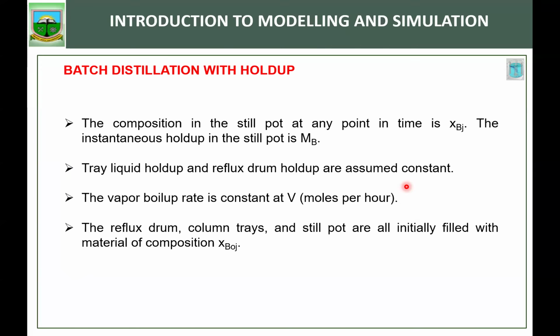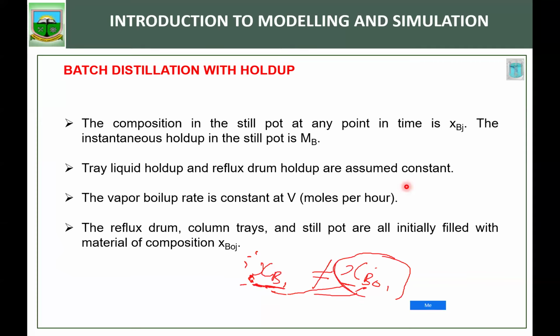So we also have what we call XB1. XB1 is not the same as XBO1. XBO1 is the initial value, but at a certain point in time, this value will start reducing inside the pot. So the reduction of this is what we call the XB. It's like what is remaining in the pot.